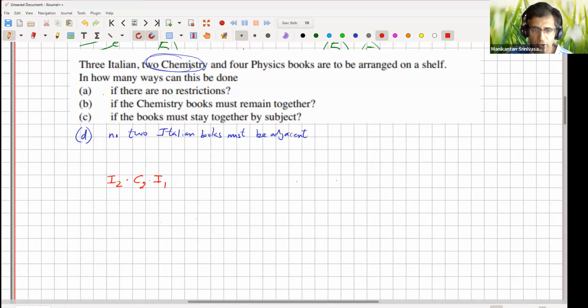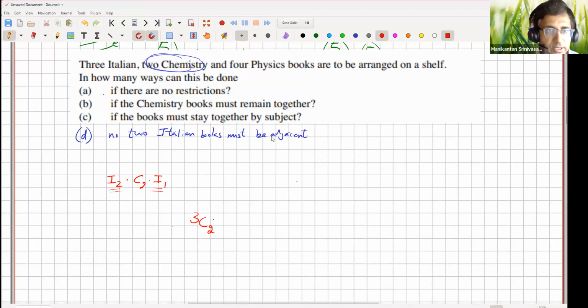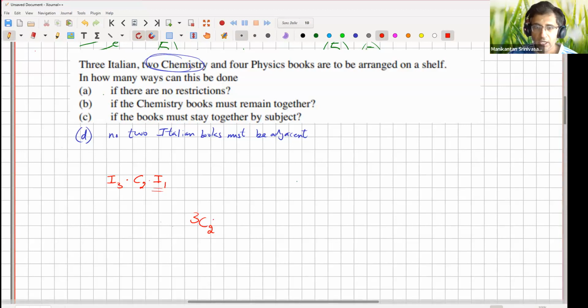Okay. So you're deciding which 2 Italian books to pick. Let's say of the I's. In fact, I'll change it to I3 so that it's clear that there are 3 of them. Then having chosen I1 and I3, you decide to put I3 first and then I1.